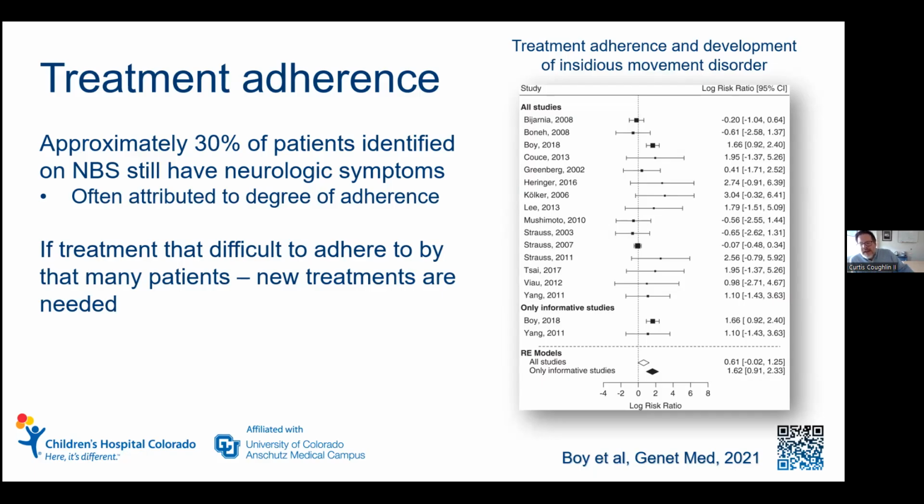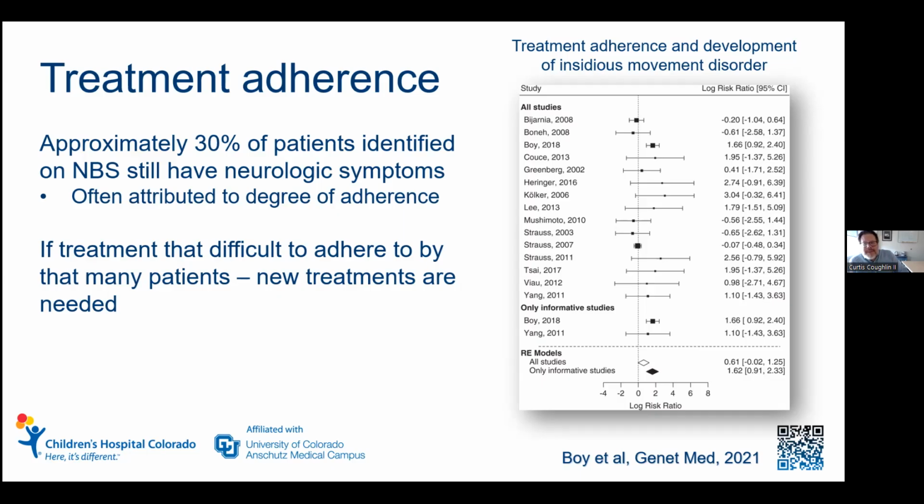And here's a paper that suggests that the less adherent patients are to treatment, the more likely they are to have neurologic symptoms. Just again, my one soapbox is making sure that we are empowering those patients. What are the non-medical determinants of health that we're not addressing in patients that they're not adherent? Is it really adherence? Are we making ourselves feel better that we didn't do a poor job? And what else can we do to make this treatment better for patients?